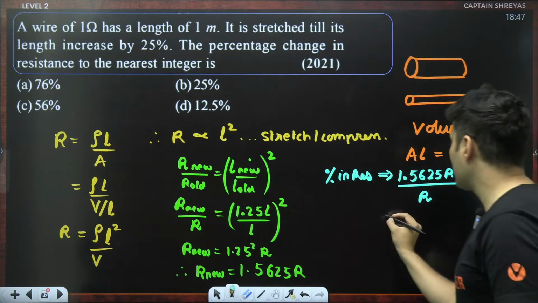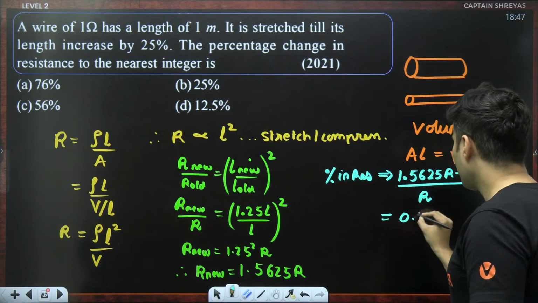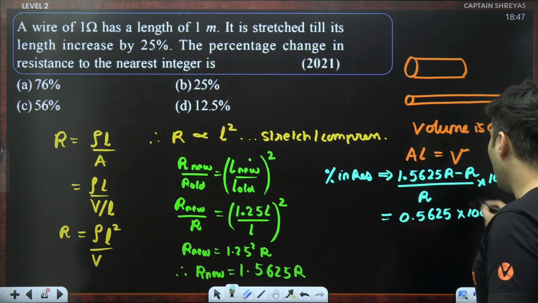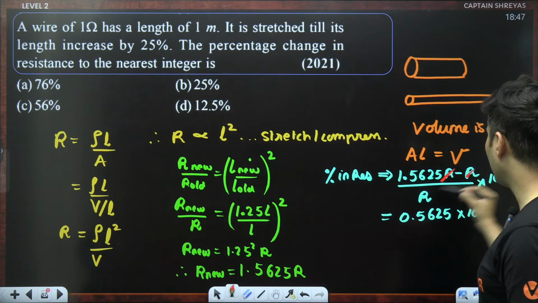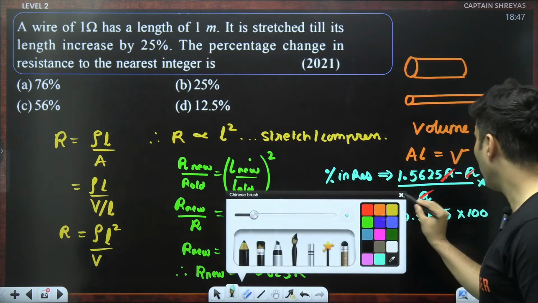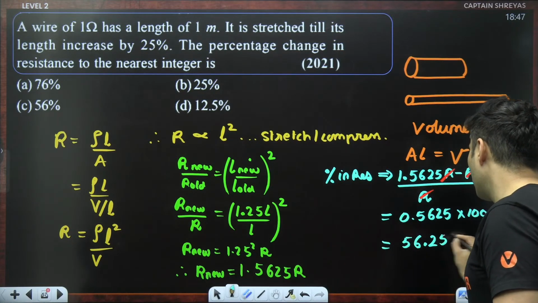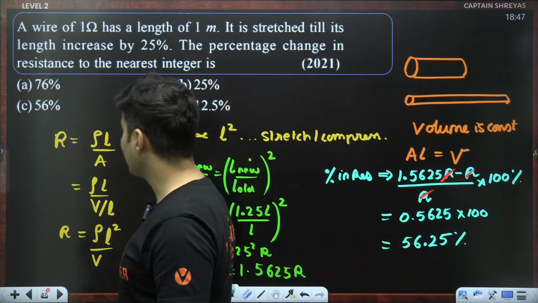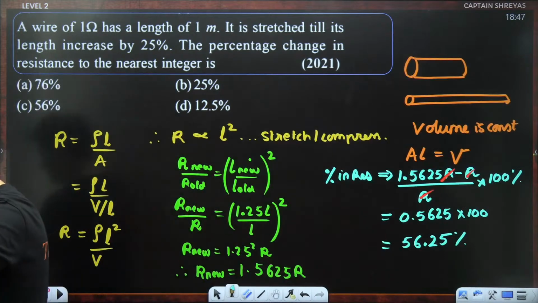So 1.5625 minus 1 will be 0.5625 multiplied by 100. R has got cancelled everywhere. So what am I left with is 56.25%. So the resistance will change by 56%. That is the correct answer. Very good. Awesome.